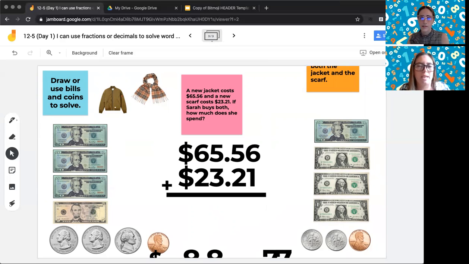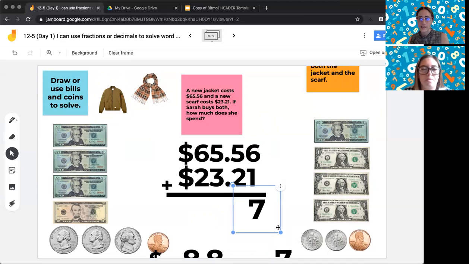So there's 2 ways I can do this. One way is I can count up all the money, and another way is I can create an equation, $65.56 plus $23.21. Let's start by adding the equation, and then we can check our work by counting the money. Great. Let's start all the way in the hundredths place. 6 plus 1, 7.